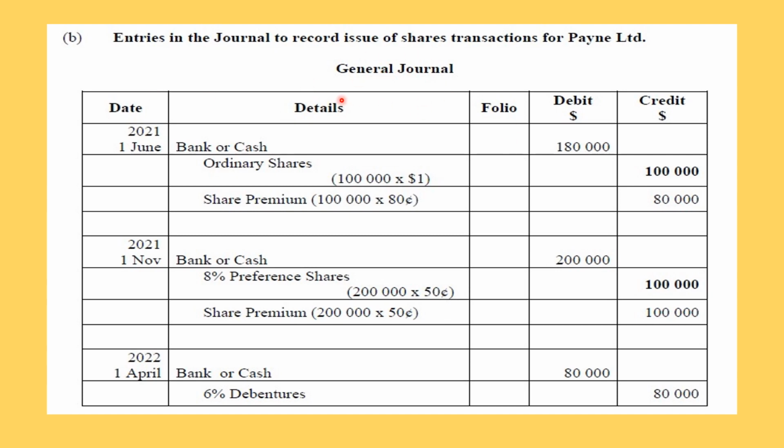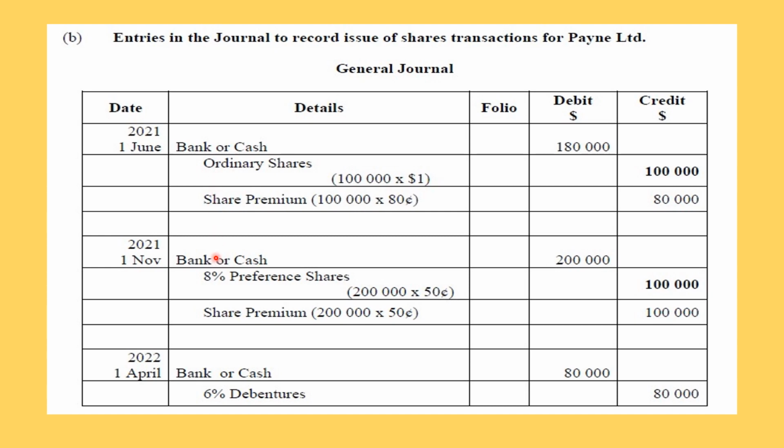It's in the general journal, and you would have been given an answer sheet like this, already ruled up. You would have to put in the headings and make the journal entries. Now with the journal entries, you have to make sure that the debit comes before the credit, and after you have put in all the debits, then you put the credits, and the credits should be indented as though you're starting a new paragraph, just as you have it here.